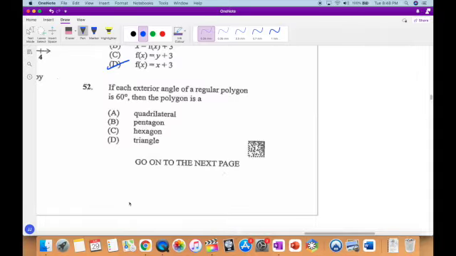If each exterior angle of a regular polygon is 60 degrees, then the polygon is a... So if we remember from our geometry, the exterior angles are these guys here. And the exterior angles will add up to 360 degrees. So that means how many sides? 360 divided by 60.